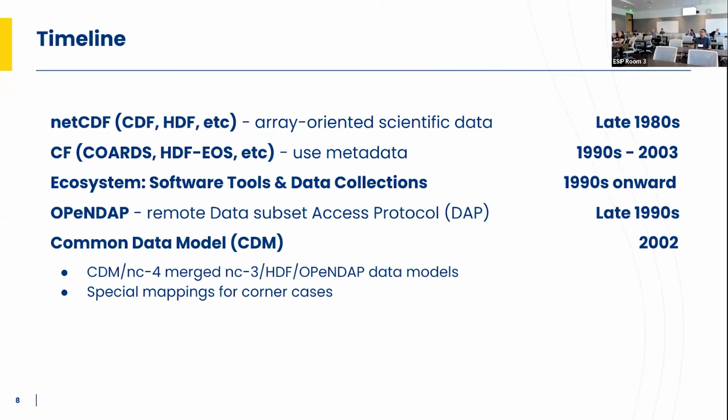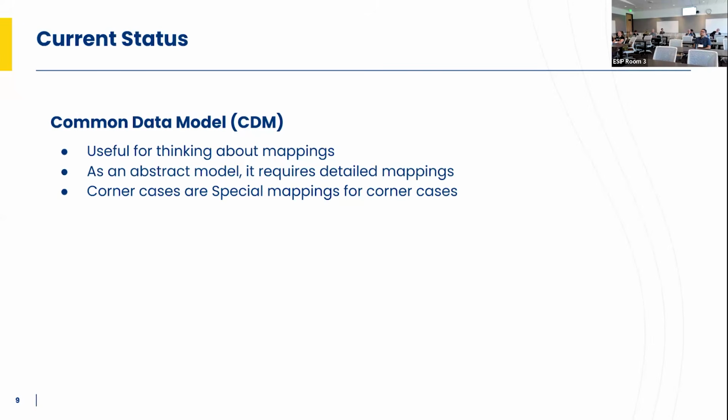that I'm leading up to now. Okay, so current status, we have the common data model as a data model for just the arrays, the structure of the arrays and metadata. So there's that aspect, and there's mappings you have to have that are specific between things there.